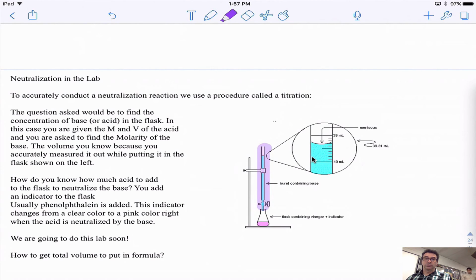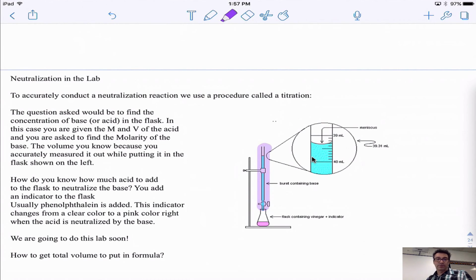So actually what you can see is that when you have the initial amount of acid or base, you can look at the top number and subtract it from the bottom number and actually find the volume of base or acid that you added. Now something else that we put in a titration is an indicator.